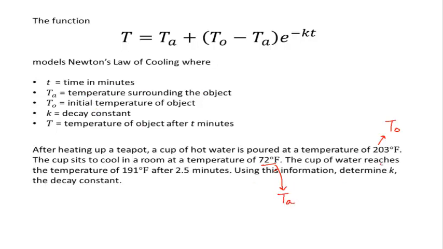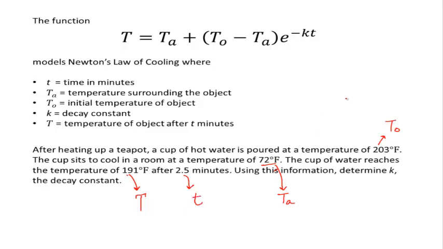And then this cup of water reaches the temperature, it's cooling off, of 191 degrees Fahrenheit after 2.5 minutes. So this is the new temperature after a certain amount of time. If you read this, this is T, temperature of object after time. And here is our time, 2.5 minutes. That's lowercase t.